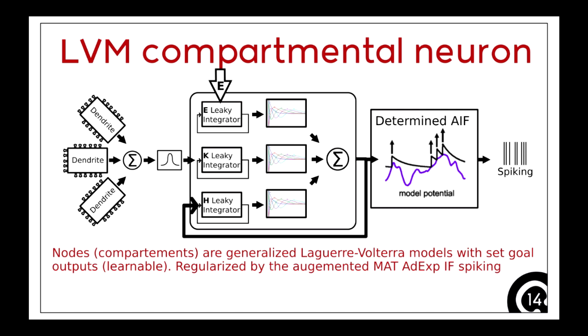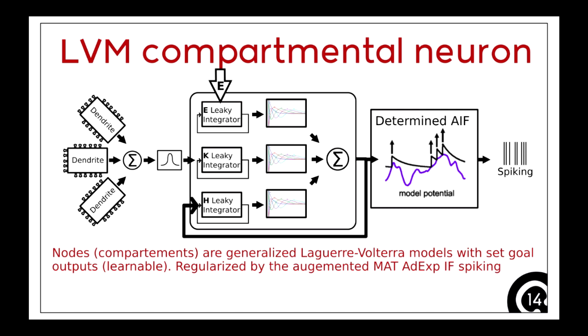The K filter is responsible for the input signal itself, which comes from the dendrites, and on the dendrites we have our modified STDP connections and CDP weight update rules. And the H filter represents the recurrent flow in this model.